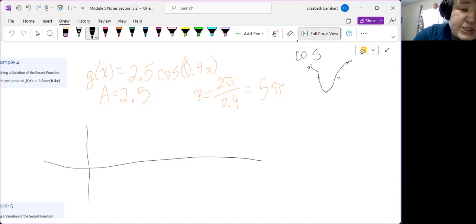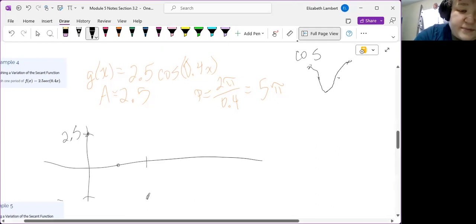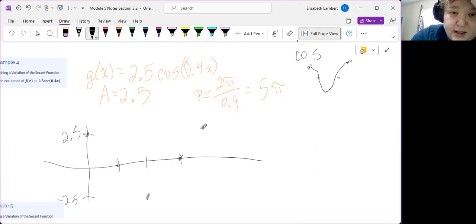So the cosine graph would start way up at 2.5. Then it will go to 0, then it will go to negative 2.5, then it will come back up. And then it will go up again at 5 pi. So there's the width of our period.